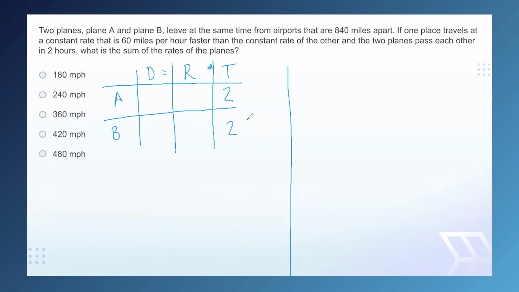So we're going to go ahead and decide that plane A flies at r sub A, and that plane B is the one that flies 60 miles per hour faster, and we'll set the rate of B to r sub A plus 60. And then once again, we don't know the individual distances of each plane, so we're going to go ahead and set those to d sub A and d sub B.